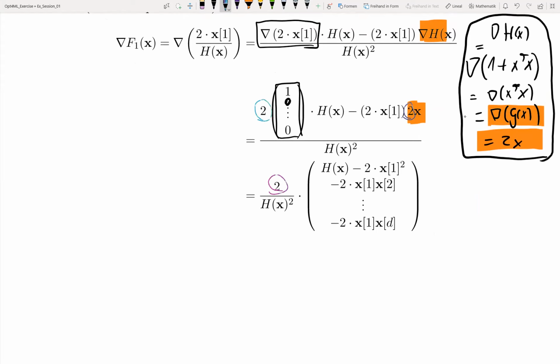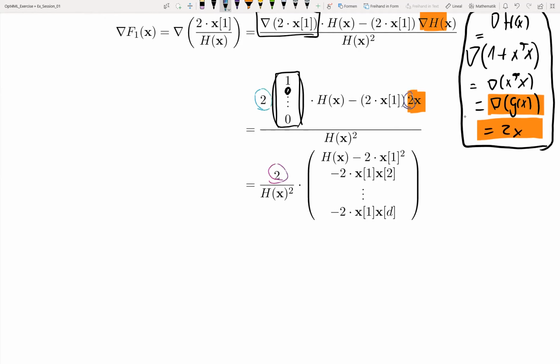And then the rest, what is the rest? Well, we have here a vector which has in its first component h of x, everything else is 0, and we subtract from that the vector x multiplied with 2 times x in its first component. And this should be the result if we put everything together. This time I don't think there should be a bug.